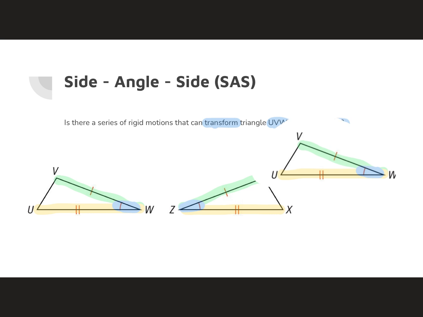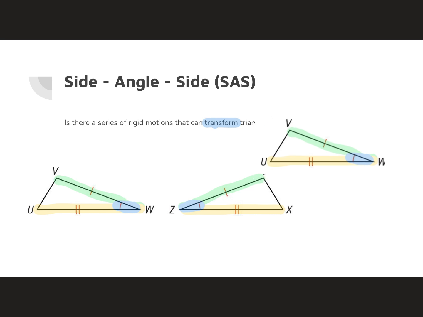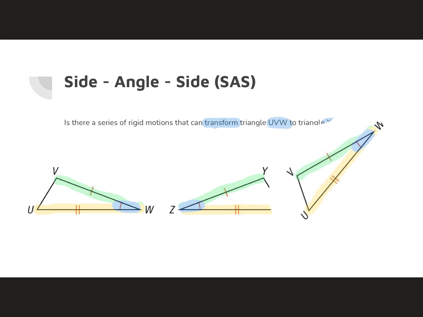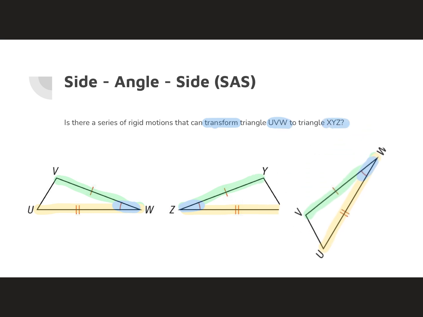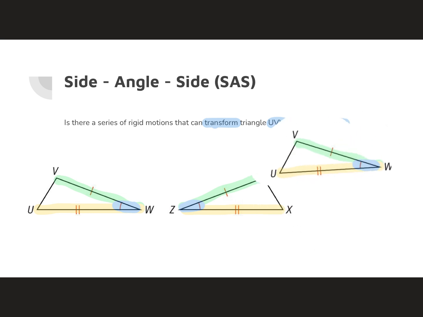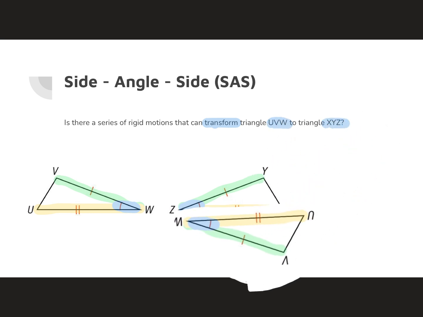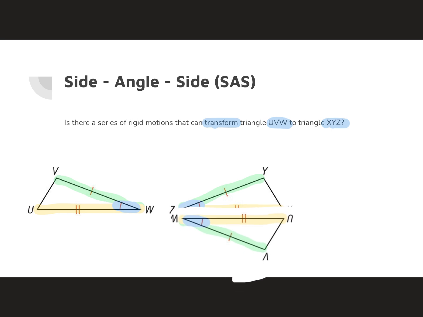I can turn it, and you can see how, if I reflect it over that line, it's going to end up being the same. So I can turn this. Let me pull it down here. And you can see how these triangles would lay over top of each other if I reflected it. So those are the exact same triangles.